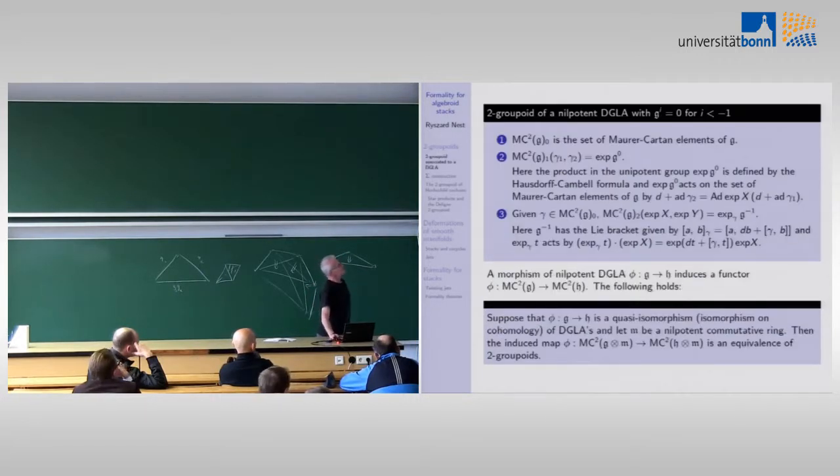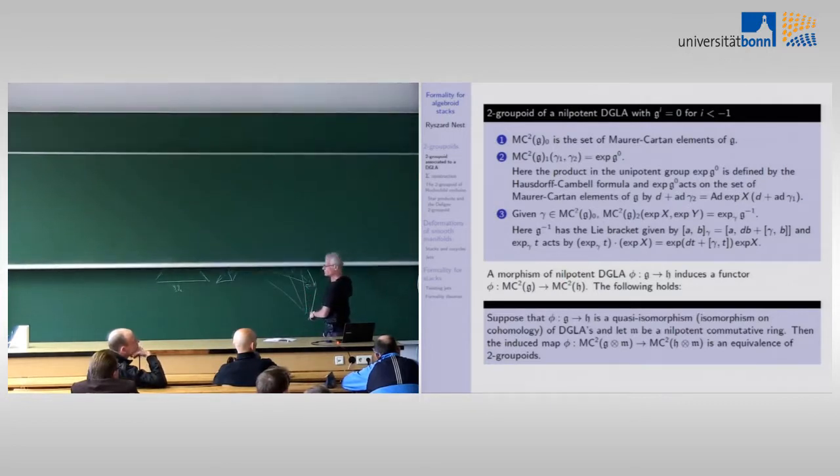Now, when we start with such a differential graded Lie algebra, we do construct a two-groupoid. Okay, it's a question who was the first one to construct it, but okay. So I think I would call it the MC two-groupoid in this case. So the objects are Maurer-Cartan elements. Let me draw it in a picture.